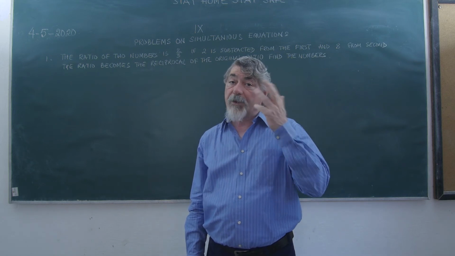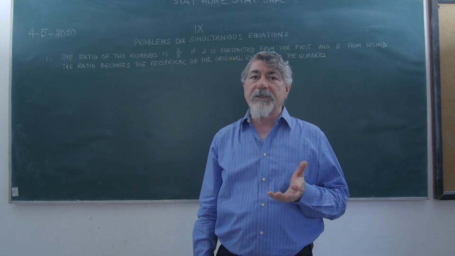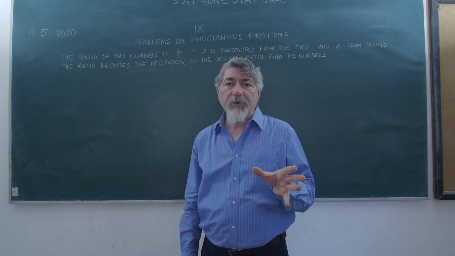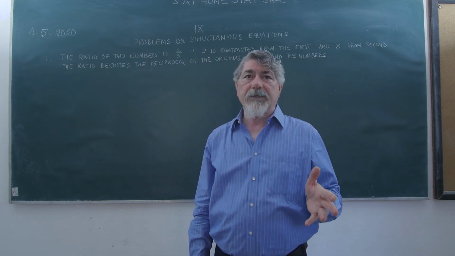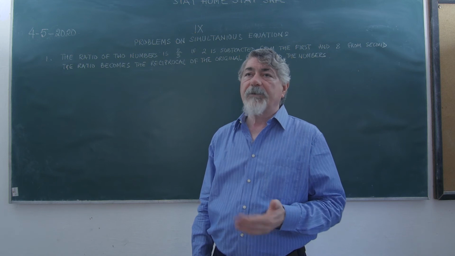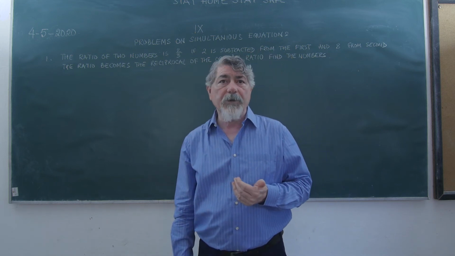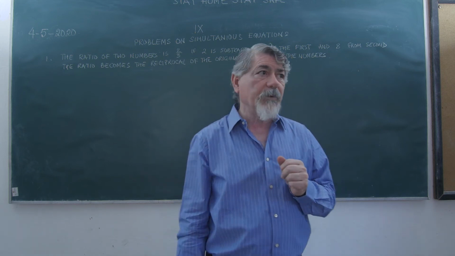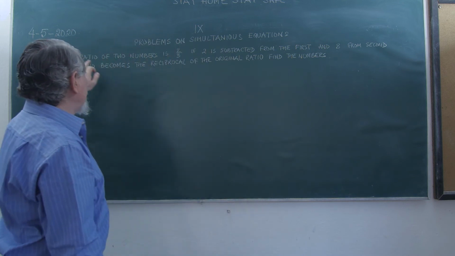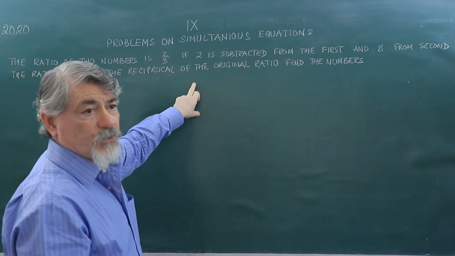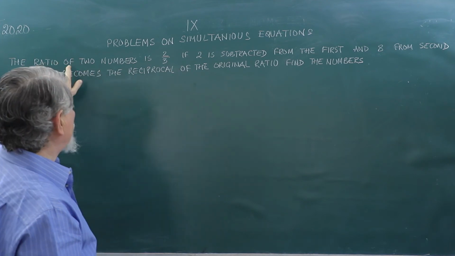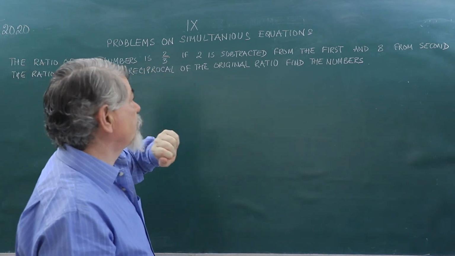Now we are doing problems based on simultaneous equations, where you are given a problem and you have to solve it. We will be doing different kinds of problems. First we are taking number problems. For example, the ratio of two numbers is 2:3.